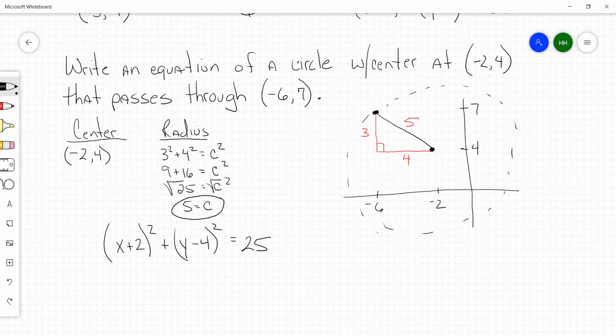The radius but not the center? Indirectly. So here, let's do this.